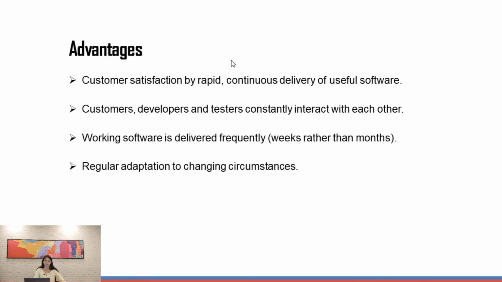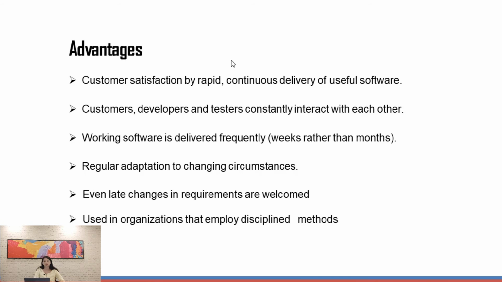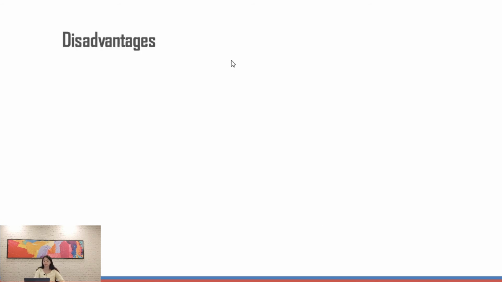Working software is delivered mostly bi-weekly. Changes are welcome here, with regular adaptation to the changes, because this is a model where you can backtrack and make changes, which is very favorable here. Late changes are also welcome in this model. Here we need to follow a disciplined approach, which I already explained why.